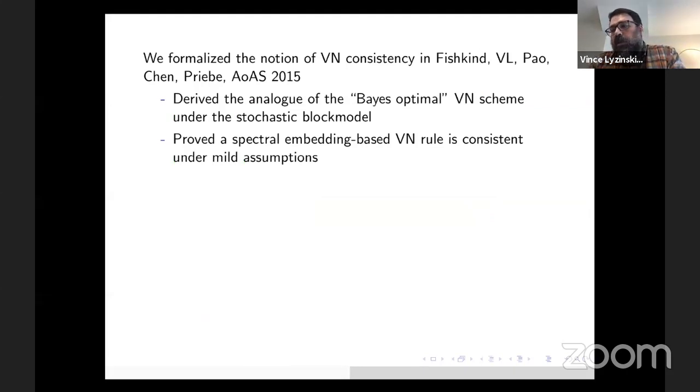If you're talking about communities as delineating interesting versus not, this is a natural choice for your first model to try, because it's the base model that adds community structure to networks. And we proved that a spectral embedding-based VN rule is consistent under mild assumptions, very similar to the spectral embedding-based rule I talked about initially.